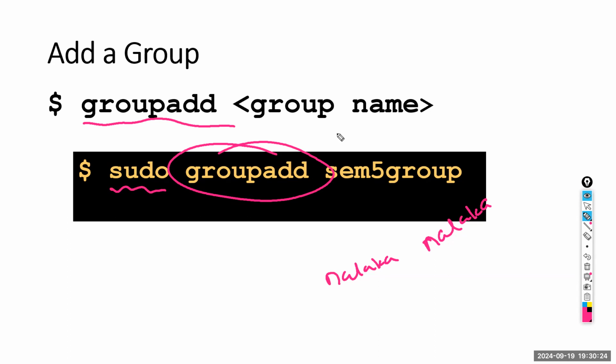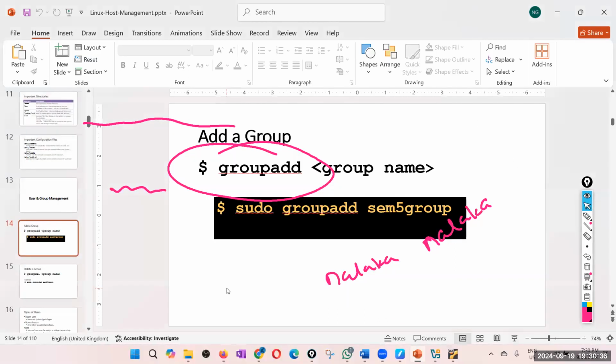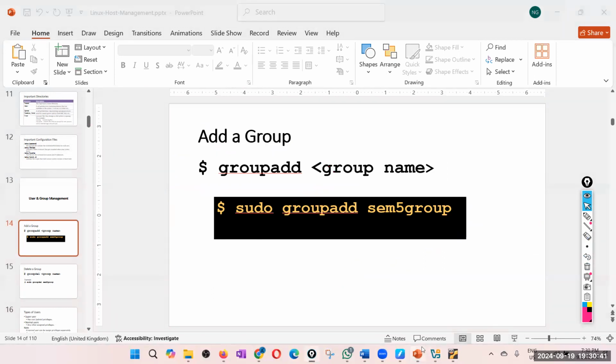Right? So therefore, if you enter this without sudo, you will get an error. Okay. And so let's do it as a practical thing as well. You can also do it, right, if you have already installed Ubuntu or whatever. Right. groupadd.